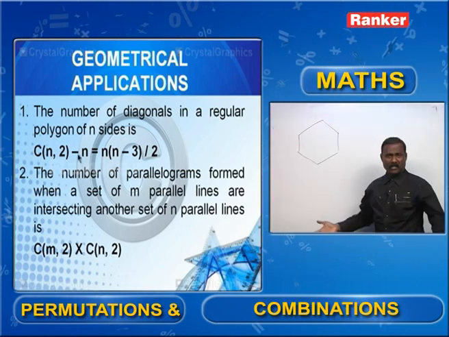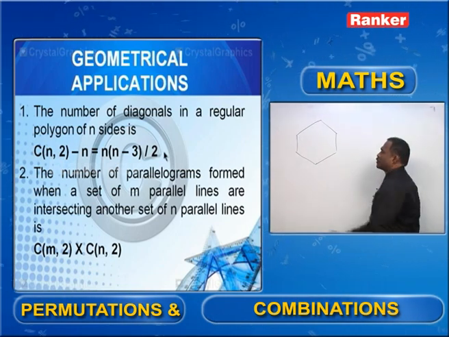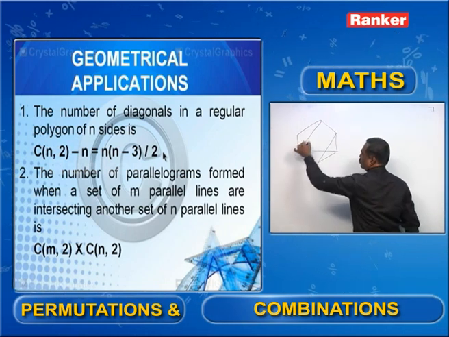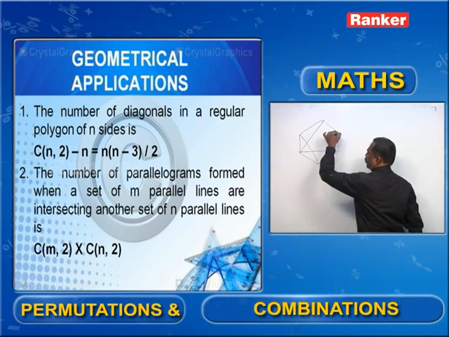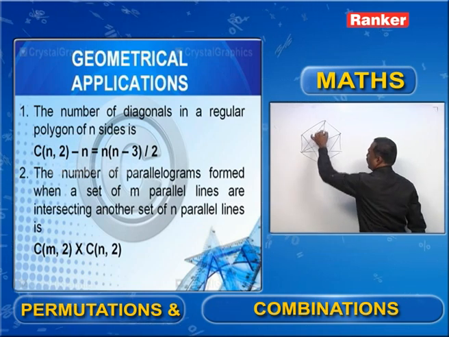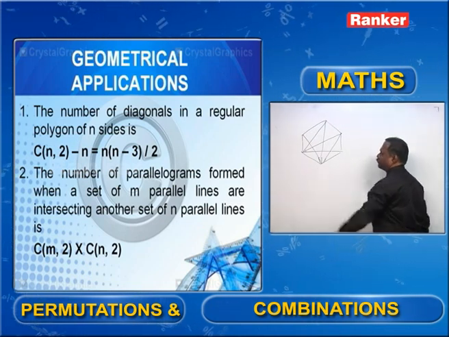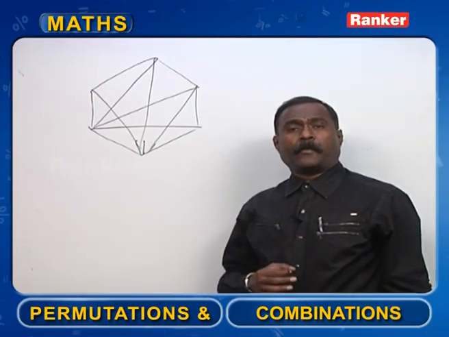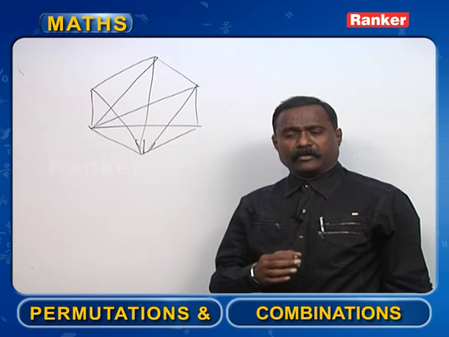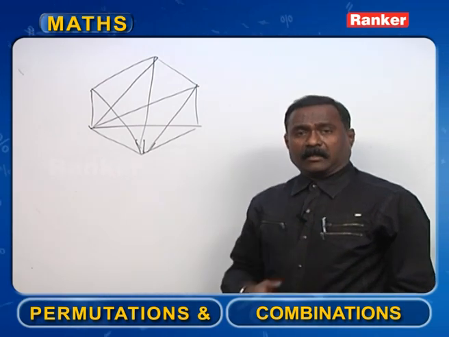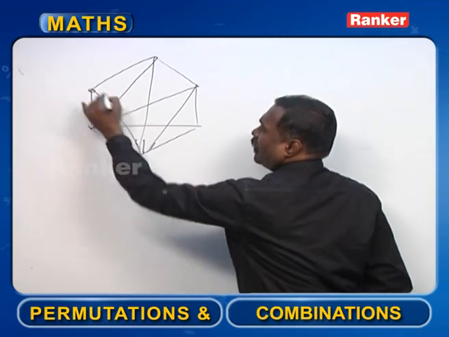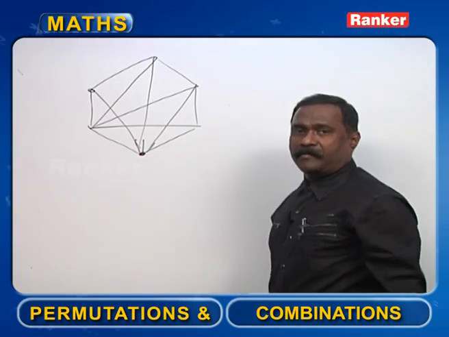What does it mean? The number of diagonals means how many diagonals will be there for this one, joining any two vertices like this. How many points do we need to form a diagonal? A diagonal consists of 2 points.